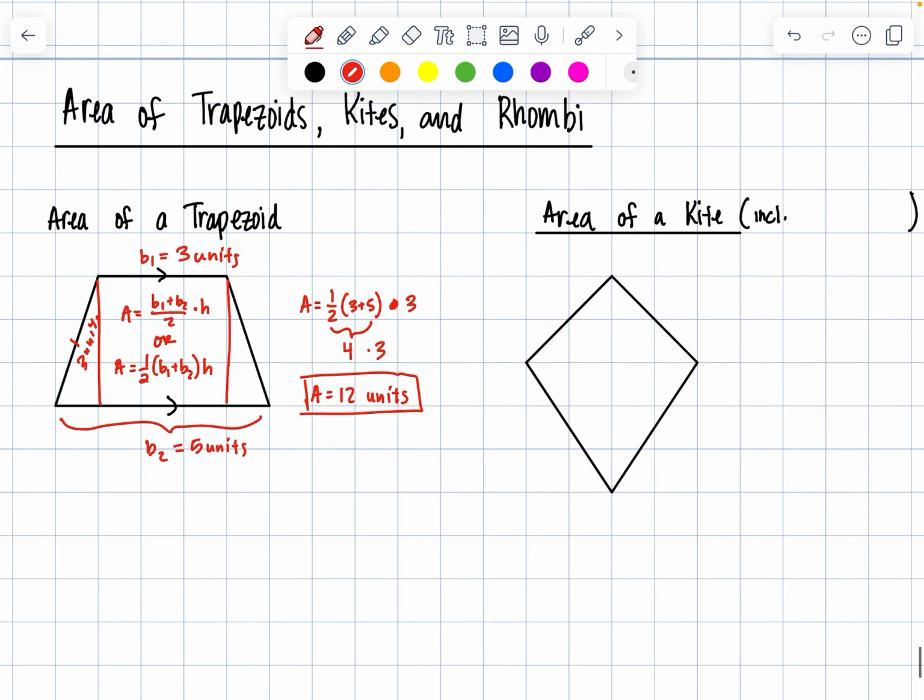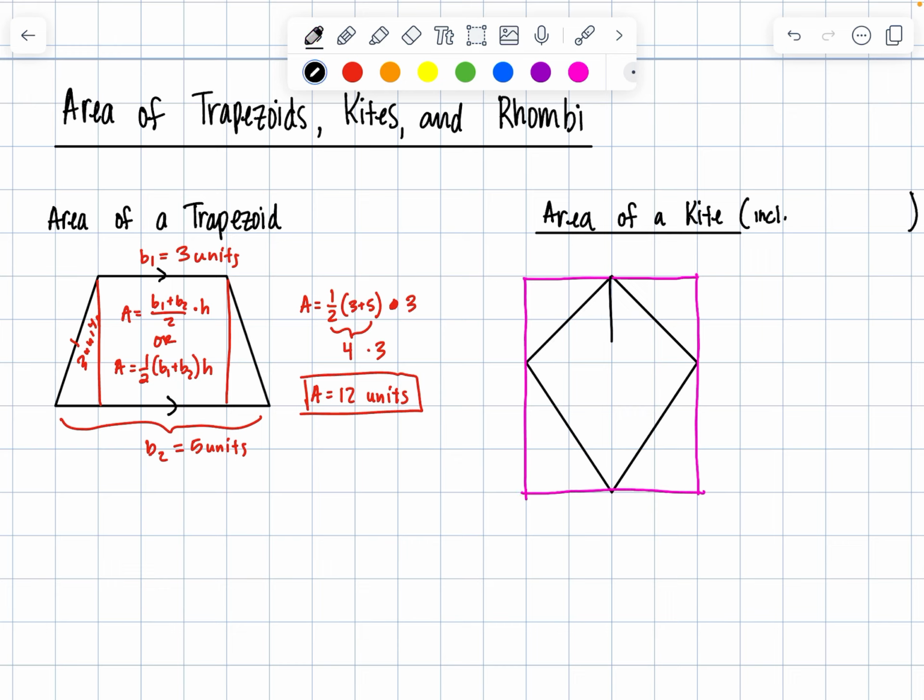Now, kites are slightly different. If you really want to see this as a rectangle, you could draw a giant rectangle around this. Hopefully you get the idea. You do not have to copy this down, but if you notice, this is just a big rectangle.